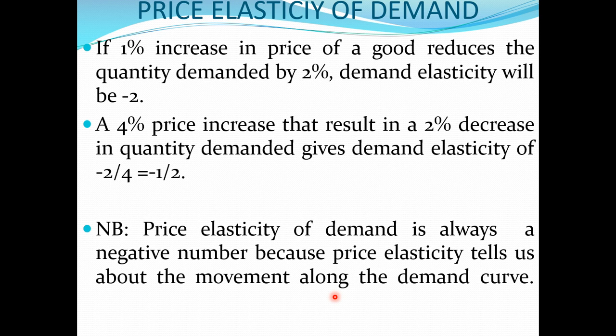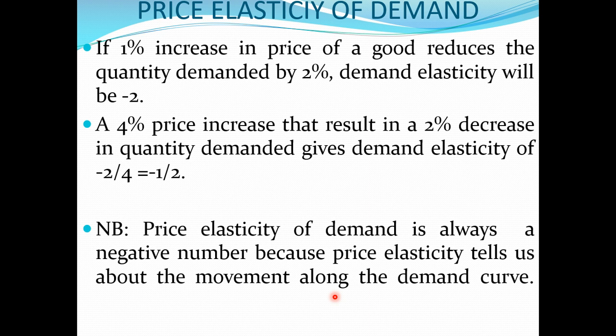A change in price is going to lead to a change in quantity demanded, and that is what we are talking about here. We are saying that if there is a change in price, how is that going to affect quantity demanded? We're not saying how is that going to affect demand. We're saying how is that going to affect quantity demanded, meaning that the movement should be along the demand curve.